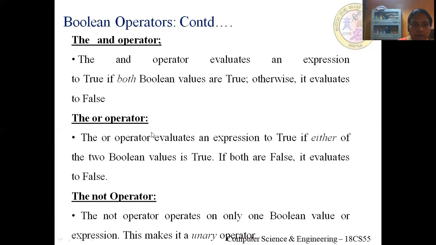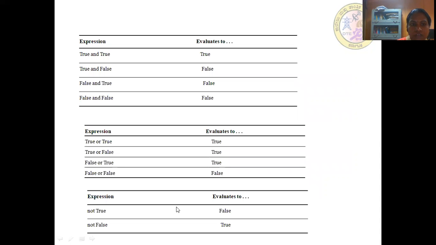The next Boolean operator is the OR operator. The OR operator evaluates an expression to true if either of the two Boolean values is true. That is, if any one of operand 1 or operand 2 is true, then it will be evaluated to true. If both are false, it evaluates to false. Let's go to the truth table of the OR operator.